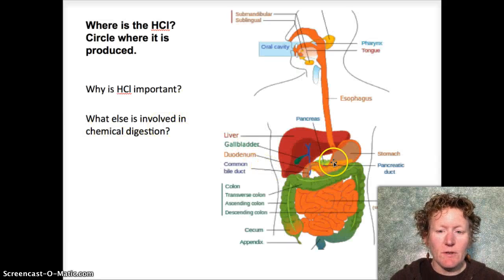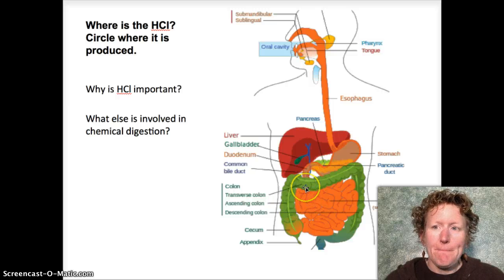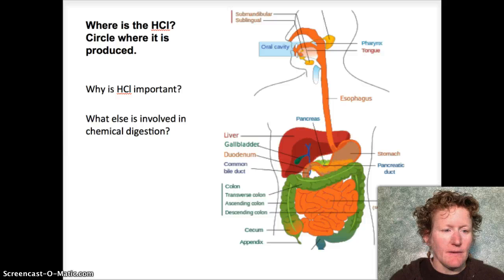The HCl, of course, is produced in your stomach, and lots of enzymes are also involved in chemical digestion. There's also a base added to your food mixture once it hits the small intestine, because the stomach can tolerate a lot of acid, but the small intestine cannot.